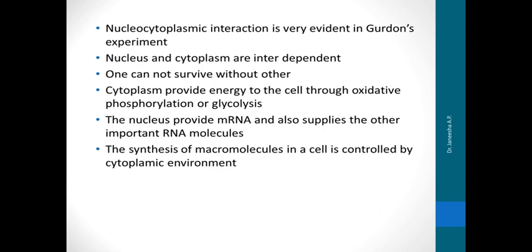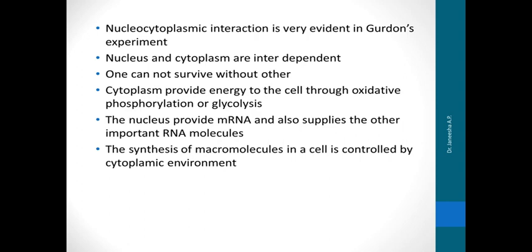And the synthesis of macromolecules in a cell is controlled by the cytoplasmic environment. So for proper development, there must be an interaction between the nucleus as well as the cytoplasm. The cytoplasm provides the energy, and the nucleus provides the mRNA and also supplies the other important RNA molecules.